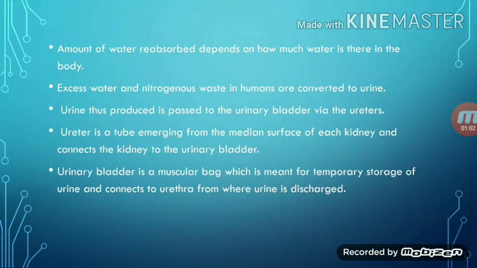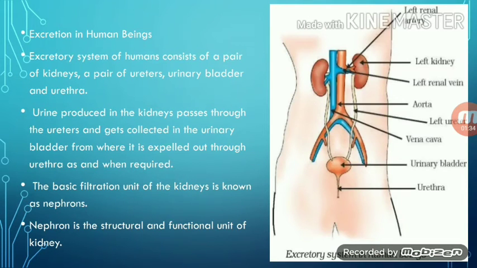The ureter is a tube emerging from the medial surface of each kidney and connecting the kidney to the urinary bladder. The bladder is a muscular bag meant for temporary storage of urine, which connects to the urethra from where urine is discharged.